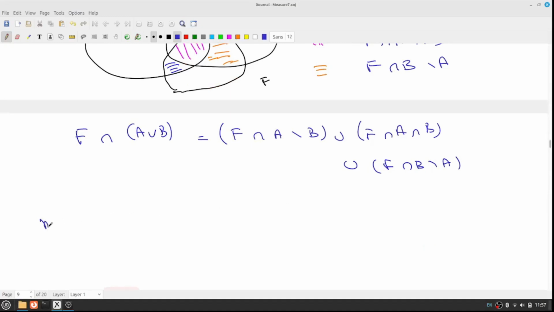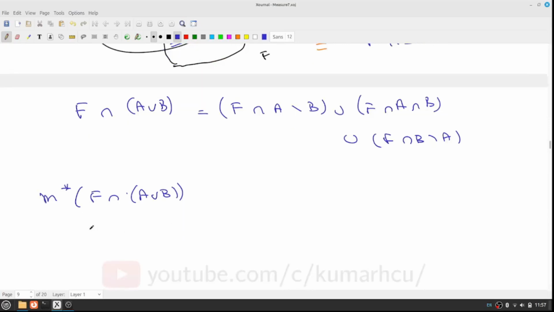Therefore, what I have is m star of F intersection A union B equal to m star of F intersection A minus B, plus m star of F intersection A intersection B, plus m star of F intersection B minus A. Do not worry about trying to remember the proof.